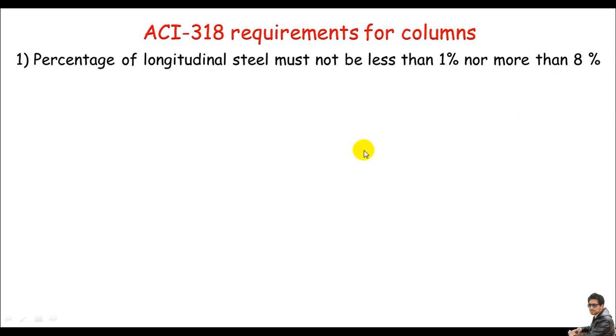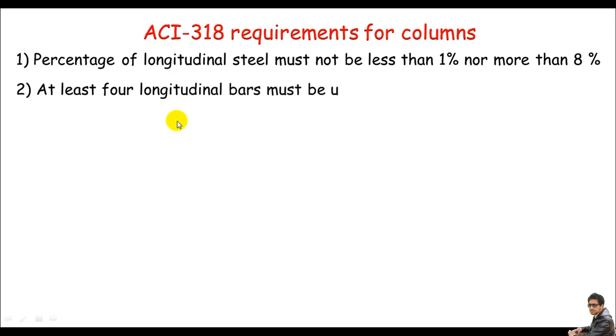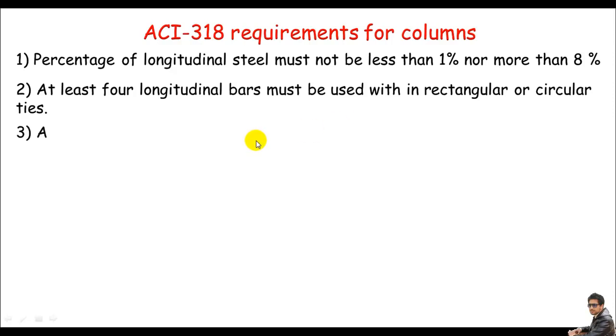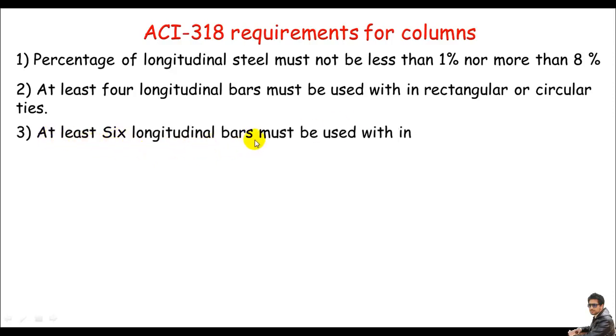And at least 4 longitudinal bars must be used within rectangular or circular ties. This is a little different for spiral, where at least 6 longitudinal bars must be used within spiral ties.